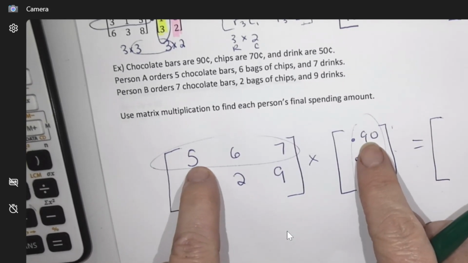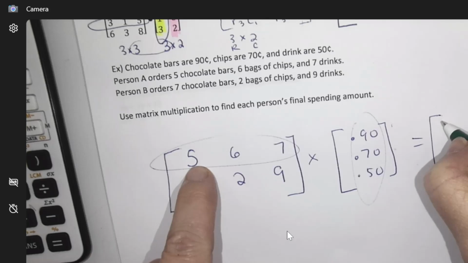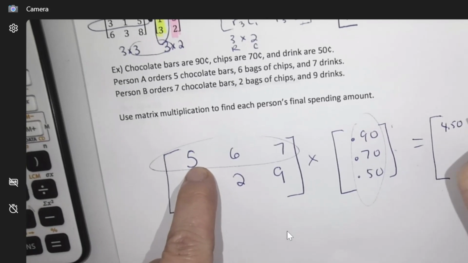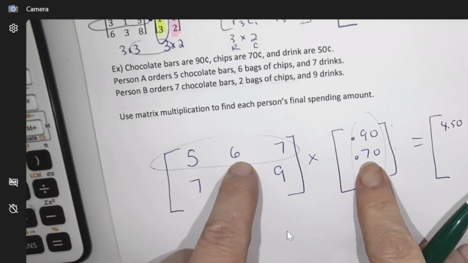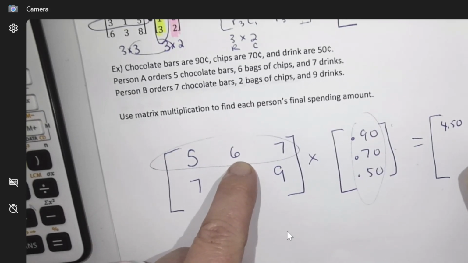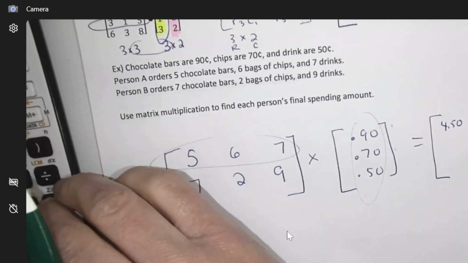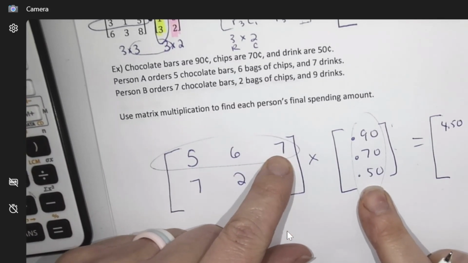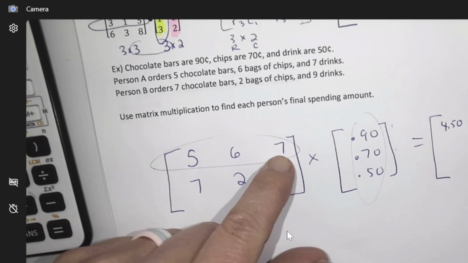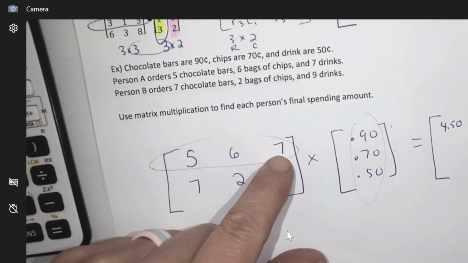So 5 times 90, that is 450. 6 times the 70 is $4.20. And then 7 times the 50 should be $3.50.